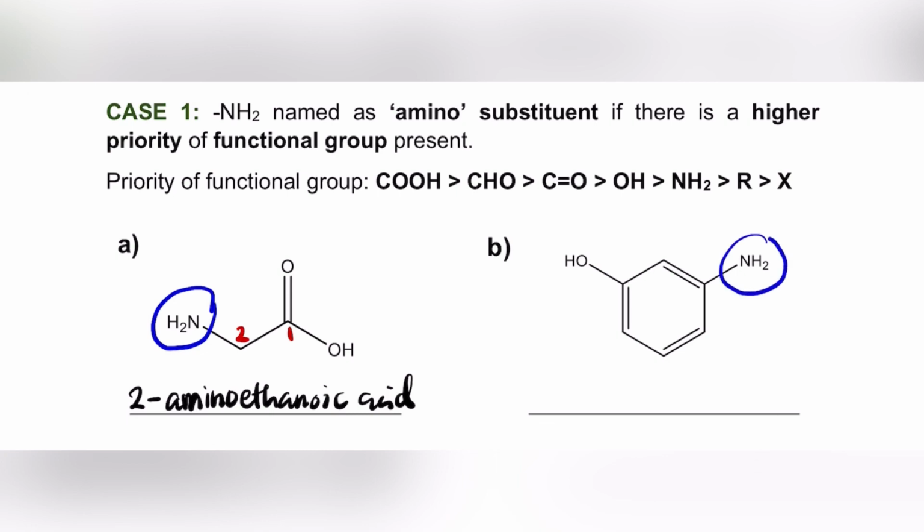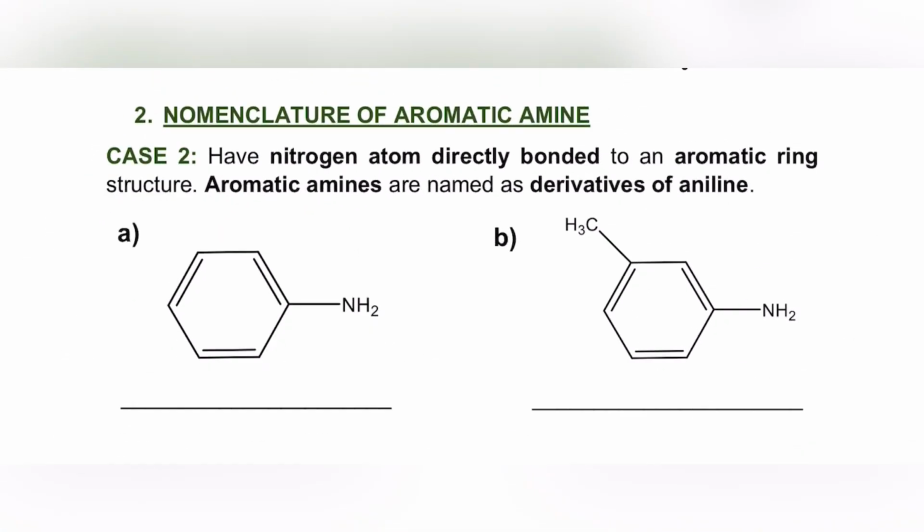And kalau kita tahu phenol adalah parent, automatically this one akan jadi position carbon number 1. So 1 and then amino akan berada dekat carbon number 3. So the name of this structure will be 3-aminophenol. This is it. Next kita go to nomenclature untuk aromatic amine.